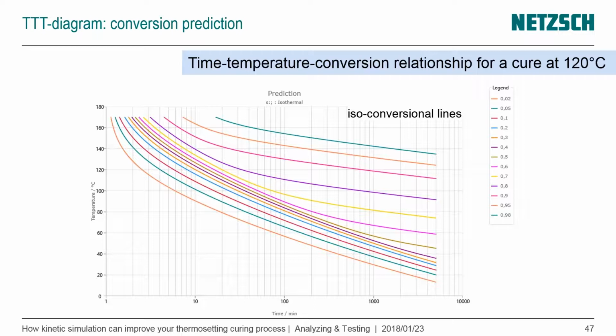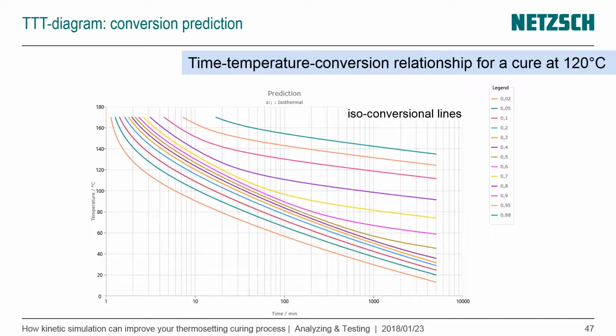Time temperature transition diagrams give you information about the conversion of your material. What you can see here is temperature versus time as axis and isoconversional lines. These isoconversional lines give you the behavior. How long do I have to process my material at which temperature to reach a specific degree of cure?